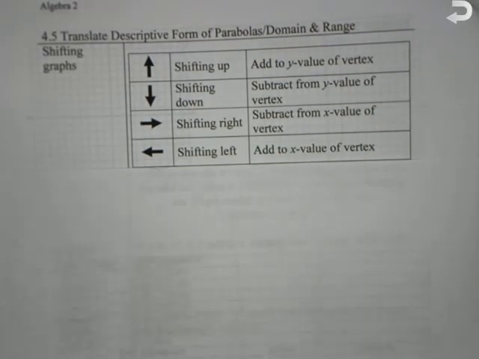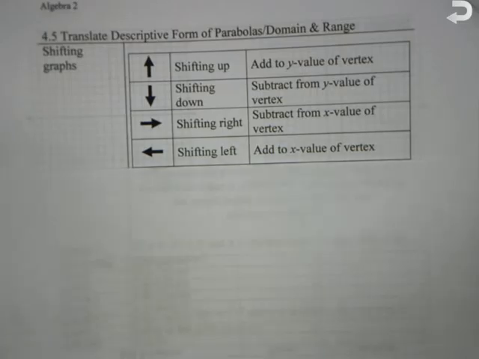So when we're talking about shifting right and left, if we're shifting a parabola to the right, what's changing there, the x or the y values? The x. Now, the thing we have to think about, though, is look at our vertex form. For the x values, we've been taking the opposite, right? So if we are shifting something to the right, you would think that we're going to add to the x value, correct?